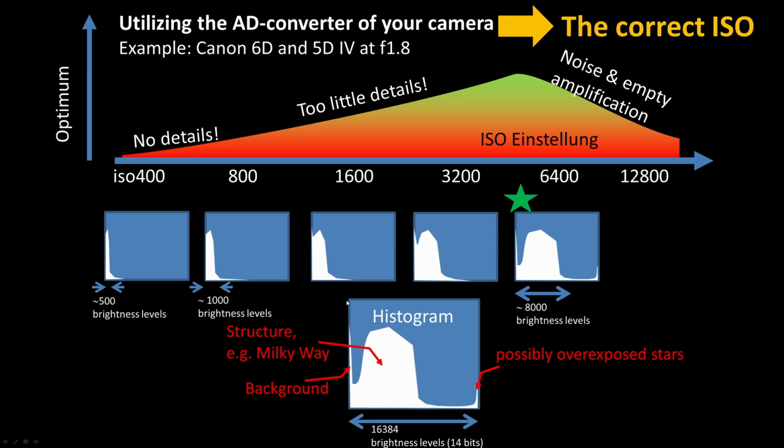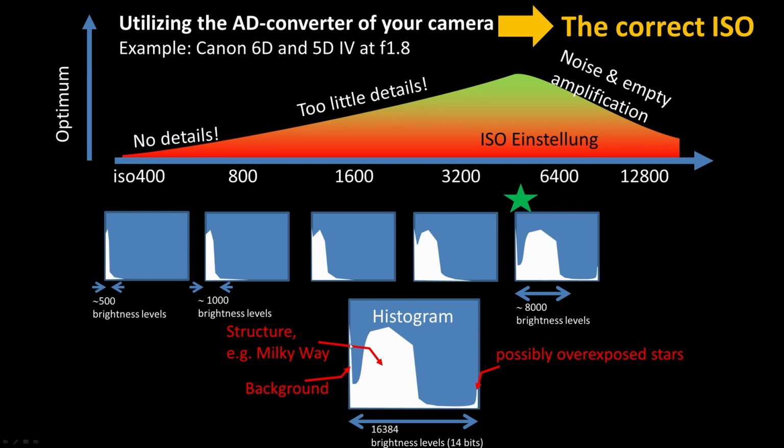For such a picture of the Milky Way, for example, this here would be the black background, and then this part of the curve would be the structure in the image, for example the Milky Way and the clouds, and this little tail here could be the overexposed single stars.